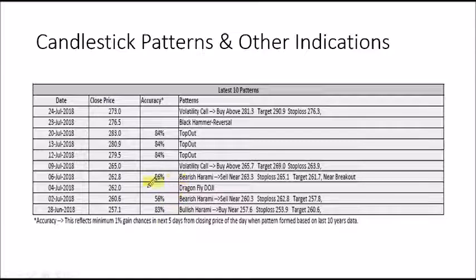Now similarly, on 4th July, dragonfly doji. As the name suggests, dragonfly doji means confusion between buyer and seller, and basically this kind of pattern is formed at the bottom or near the bottom.